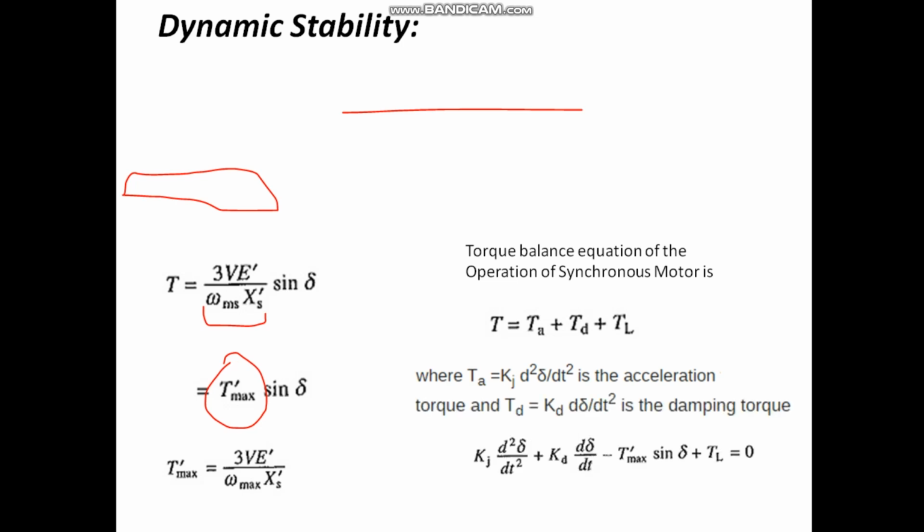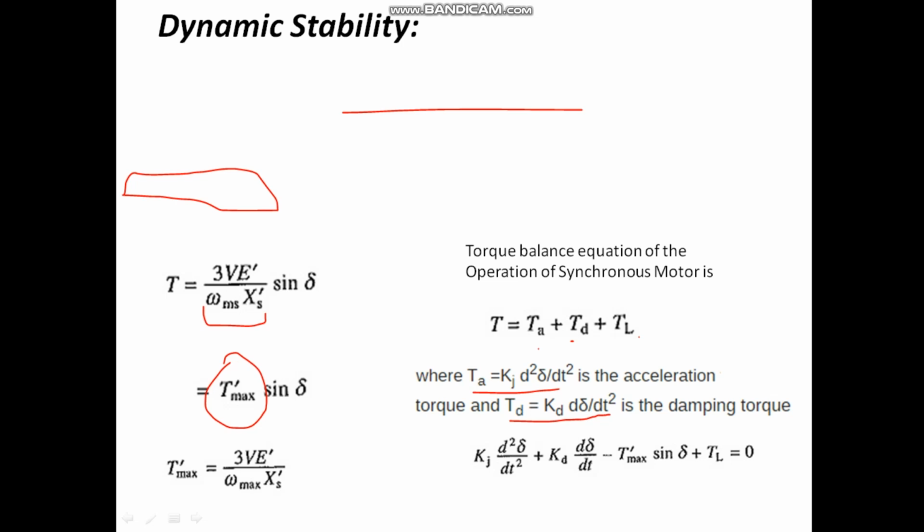So the torque balance equation of the synchronous motor would be given by T is equal to TA plus TD plus TL, where TA is mentioned here and is my acceleration torque, and TD is in terms of KD. This is my damping torque.